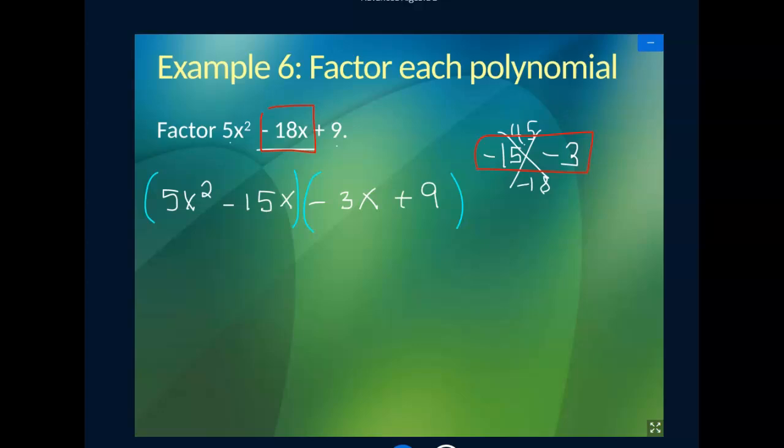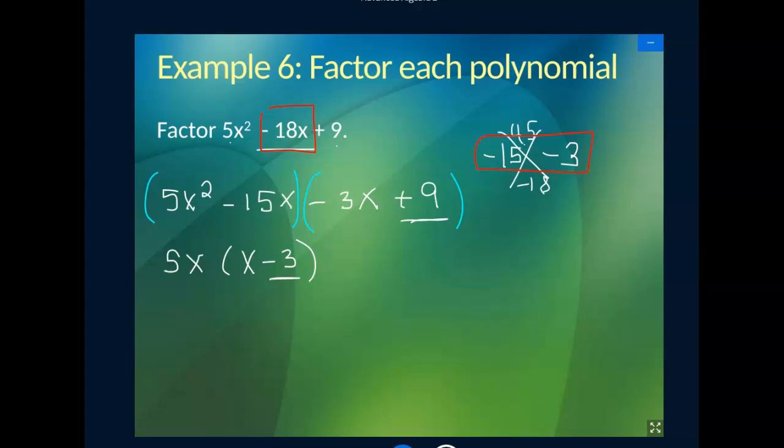Okay? Tessa, what can I take out of 5x squared and 15x? Perfect. So you take out a 5x. That leaves you with x minus 3. There's the tricky one. You notice that this is negative right here, right? Is that 9 positive or negative?